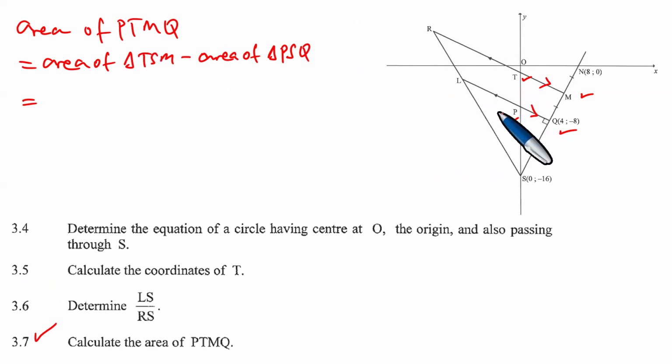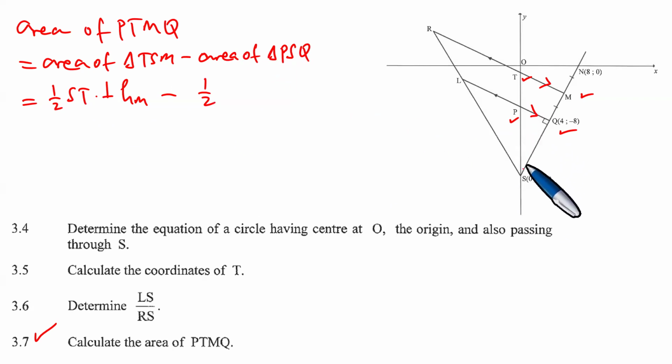So now to find the area of PTMQ, we can just find the area of triangle TSM. So you're going to find the area of triangle TSM. And this area of triangle TSM is half the base, which is ST, times the perpendicular height right through M, minus half the base of the triangle PSQ.